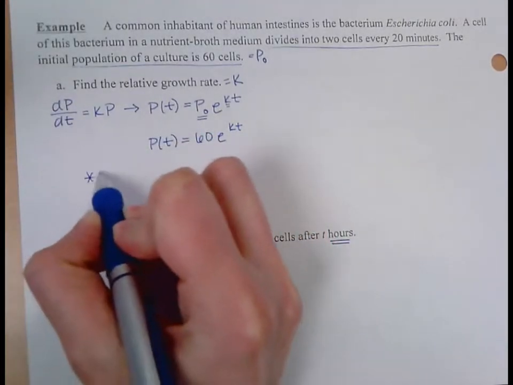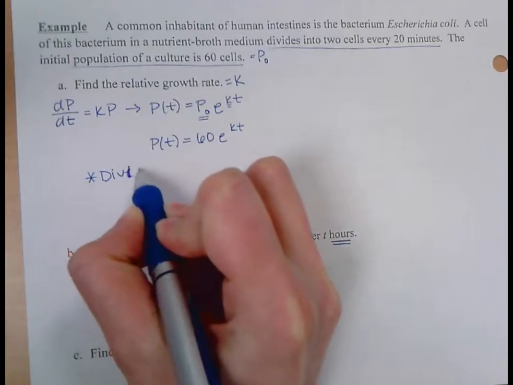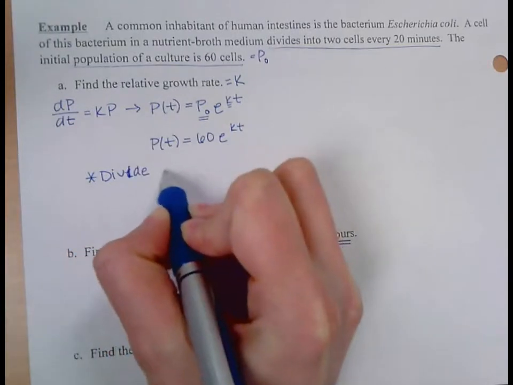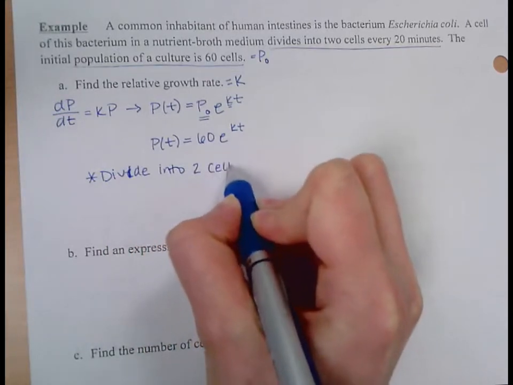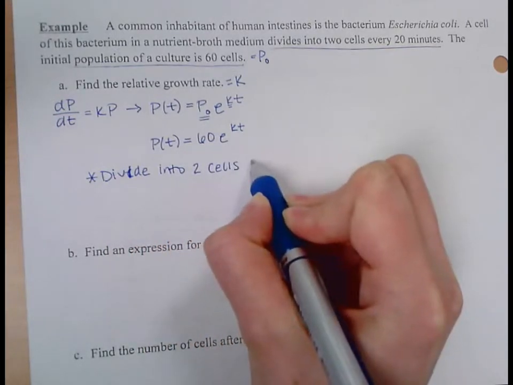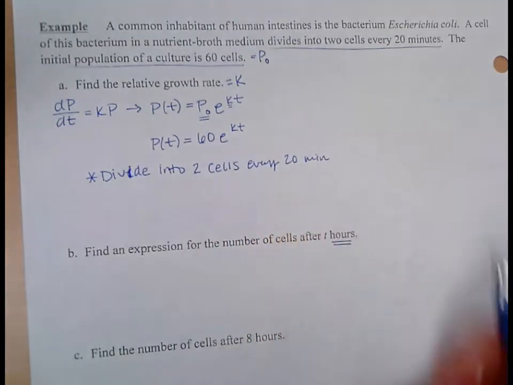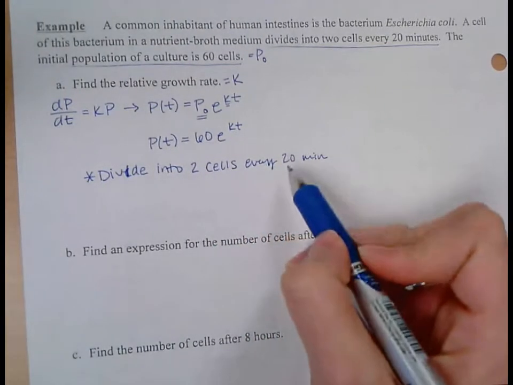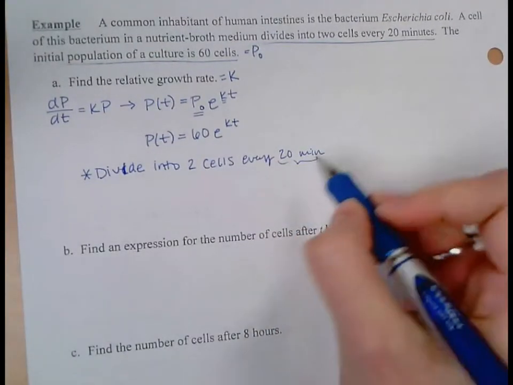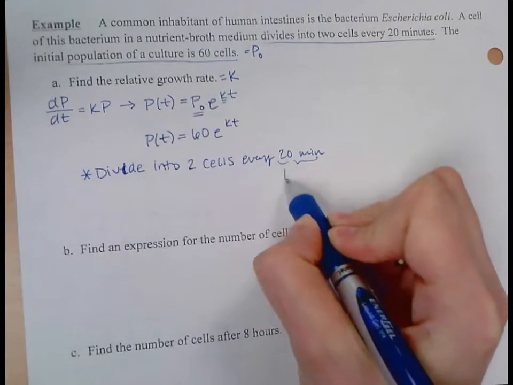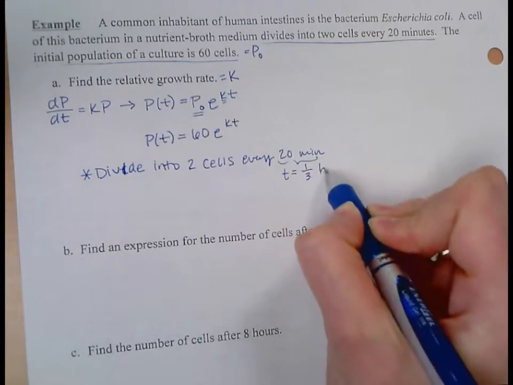So if we divide into 2 cells every 20 minutes, I'm going to work through it this way. You are right, though, it would divide 3 times every hour. So 20 minutes, that t value would then be 1/3 of an hour.